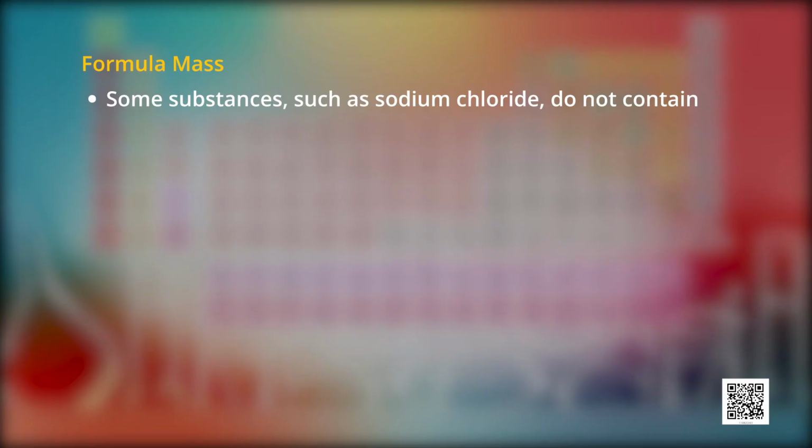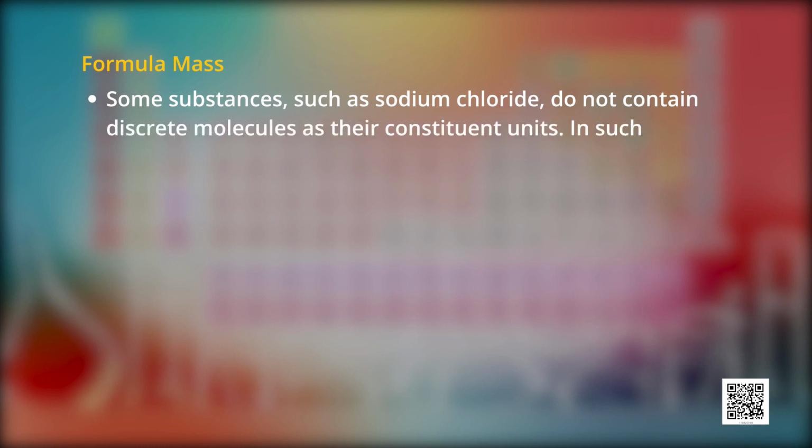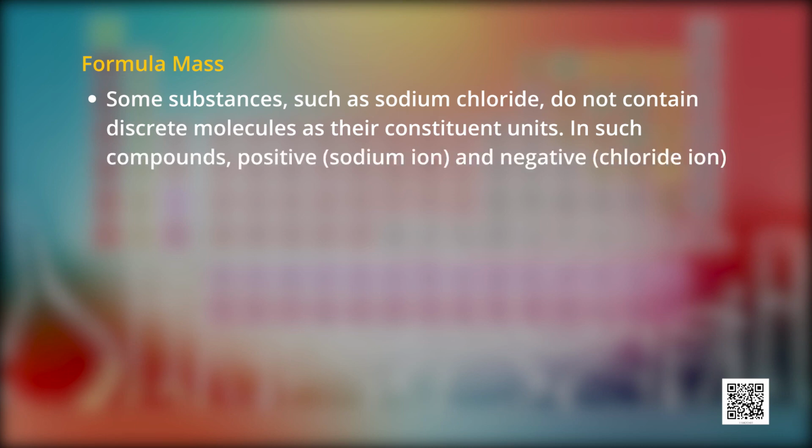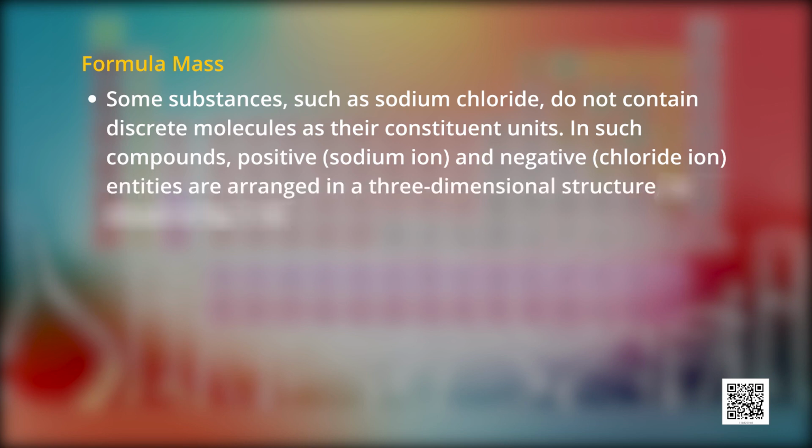Now let us learn what is formula mass. Some substances such as sodium chloride do not contain discrete molecules as their constituent units. In such compounds, positive entities, which are sodium ions, and negative entities, which are chloride ions, are arranged in a three-dimensional structure, which you can see on the screen.